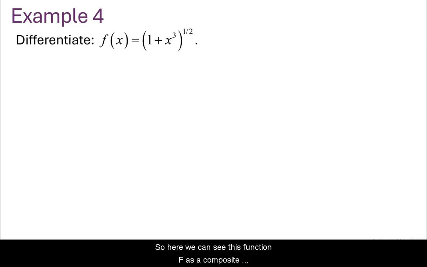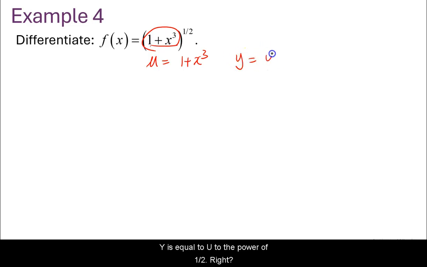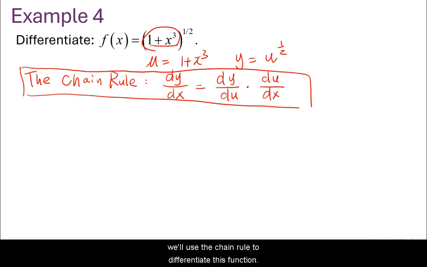So here we can see this function f as a composite function of, first of all, the inside function, we can call it u equals 1 plus x cubed, and f of x, we can call it y, is equal to u to the power of 1/2. Right, the composition of these two functions.